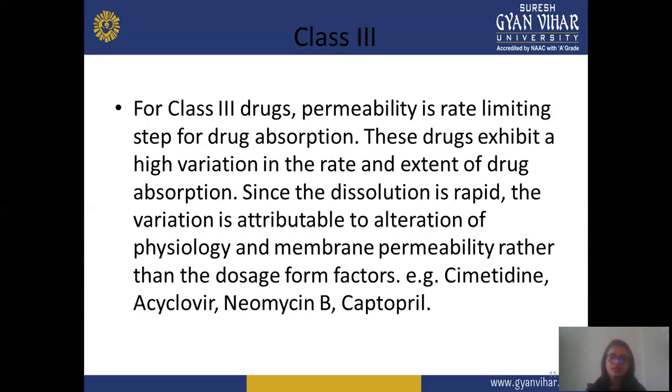Next, for class 3 drugs, permeability is the rate limiting step for drug absorption. These drugs exhibit high variation in the rate and extent of drug absorption. There is a permeability issue, permeability is rate limited, and the solubility is high. Since the dissolution is rapid, the variation is attributed to alteration of physiological membrane permeability.